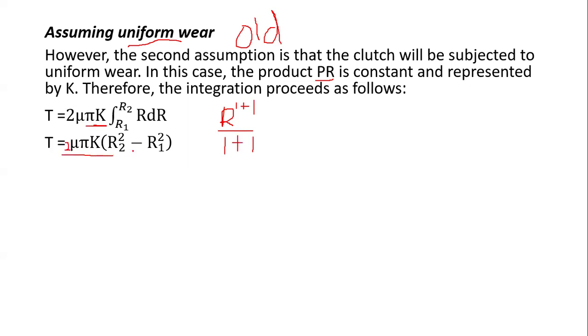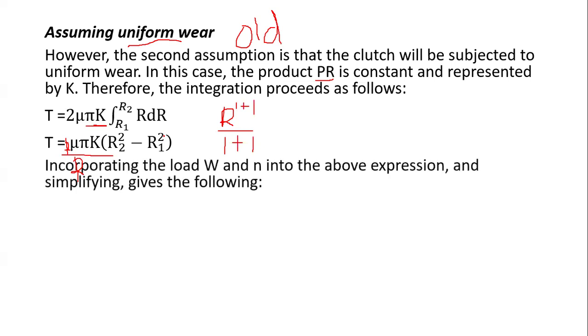And at the bottom, from this integration, we end up with a 2. Hence, this 2 and that 2 cancel. So you end up with just this expression: pi mu K, R2 squared minus R1 squared, where K is a constant represented by PR, the product of pressure and the radius.